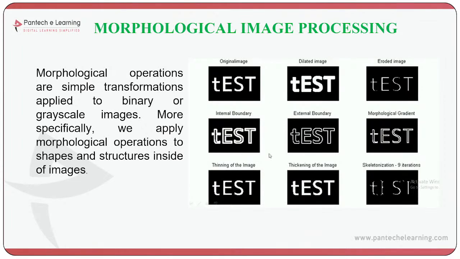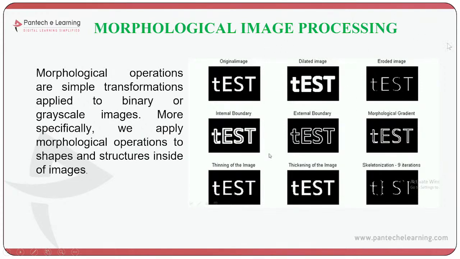First, what is the dilation process? Dilation is used to add pixels to the boundaries of objects in the image. So we add pixels to the boundaries of the object in the image, and that is the dilated image.